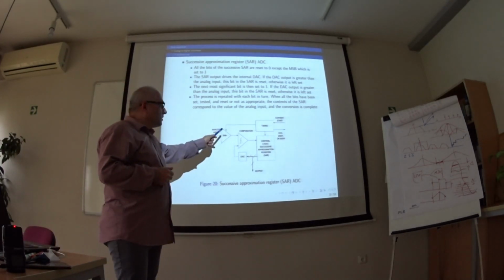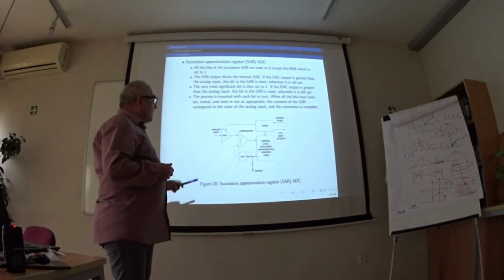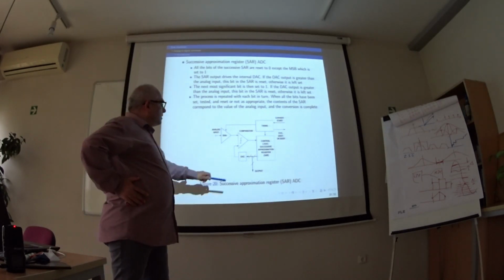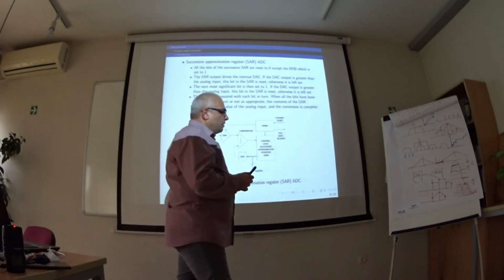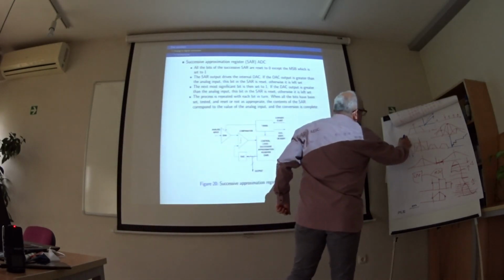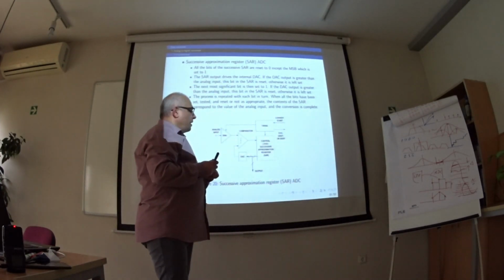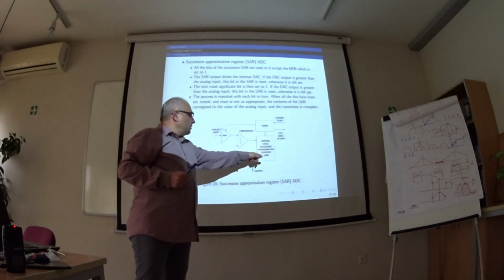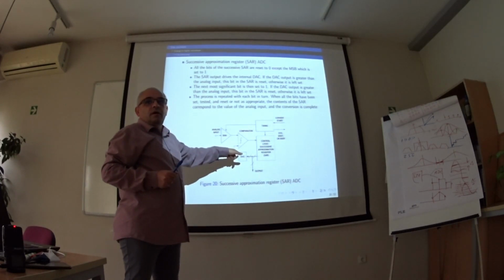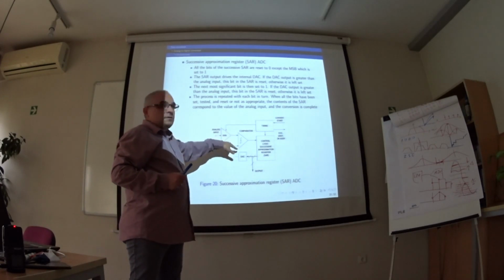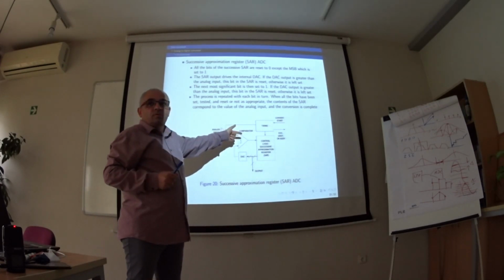The idea here is the same. You start by writing 1 as the most significant bit here. And this digital code is converted to an analog voltage, and we compare this with the actual input voltage.